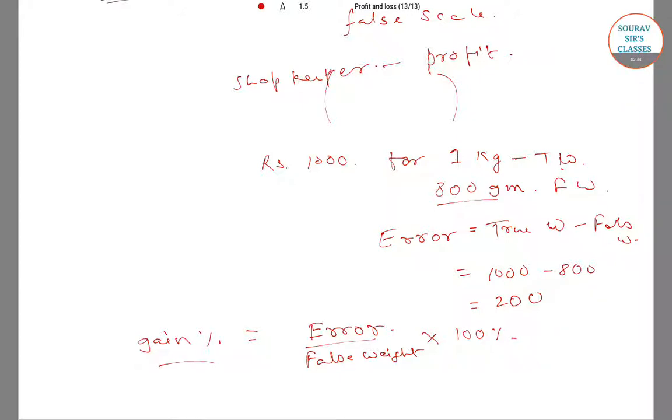Note, this would be the gain percent if the shopkeeper says that he is selling the article at cost price but uses the false weight.